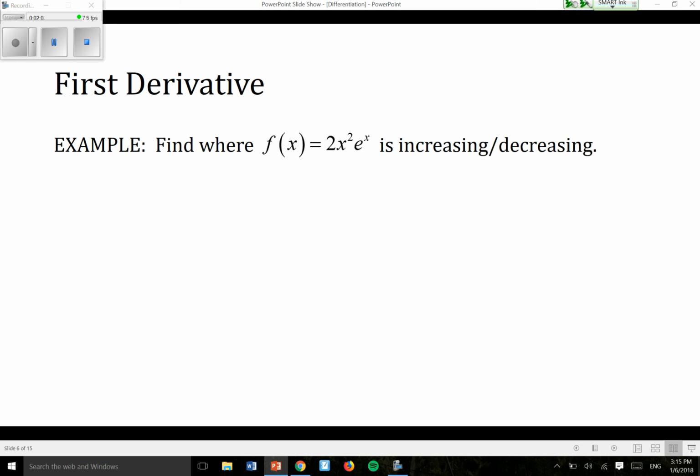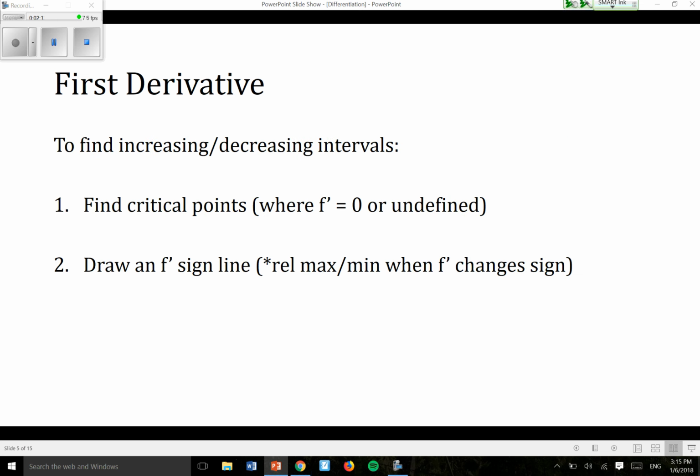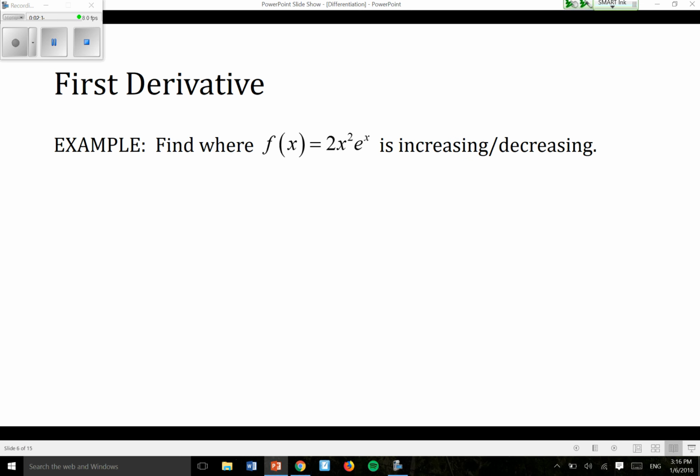I want to find where the function 2x squared e to the x is increasing and decreasing. And so remember, first we're going to find our critical points where f prime equals 0 or is undefined. To find that first derivative, you use product rule.